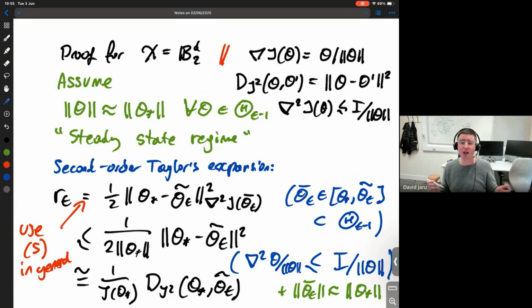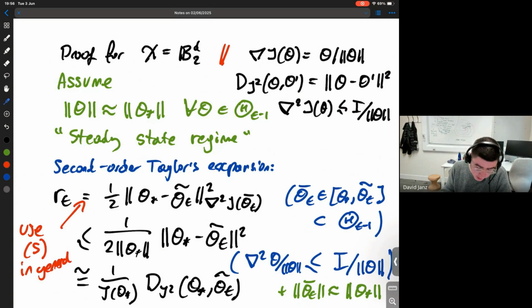Now, this would have worked for a wide variety of sets using smoothness instead of the closed form expression. This second order Taylor expansion with respect to the Hessian at some point on the line adjoining these two is a standard result. We don't actually use it in the proof, but you could have gone that way.